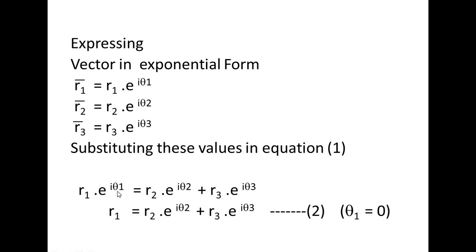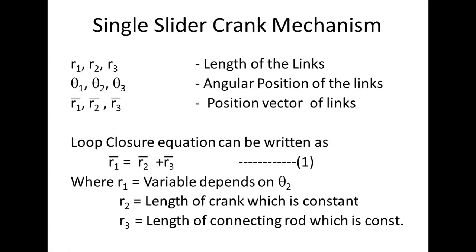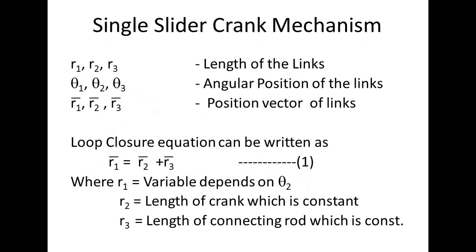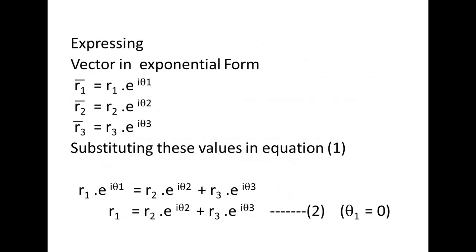Here theta 1 is 0 because it is a horizontal line, as you can see in the figure. So if you substitute, e to the power of 0 becomes 1. So R1 is equal to R2 into e to the power of i theta 2 plus R3 into e to the power of i theta 3.